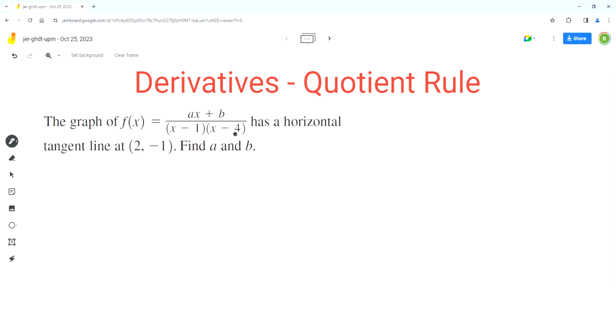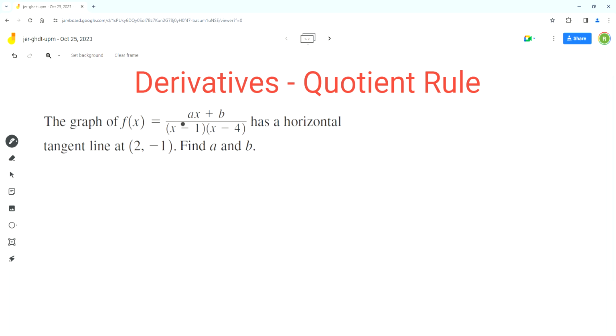Now we are given that this function has a horizontal tangent line at (2, -1). That means the slope of the tangent line at (2, -1) is equal to 0. So the first step here is to find the derivative of the given function, which represents the slope of the tangent line.